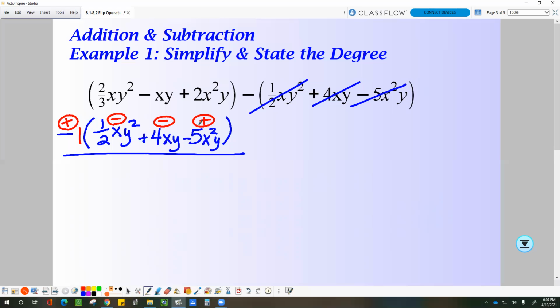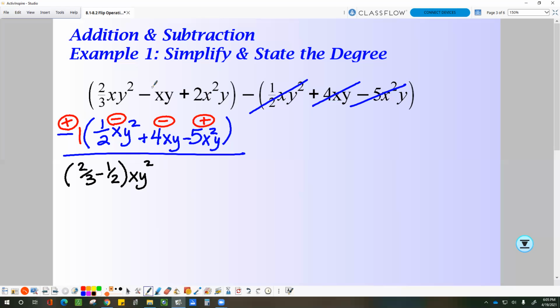Now I'm adding 2/3 xy squared plus -1/2 xy squared. So I have 2/3 minus 1/2 xy squared, minus xy minus 4xy.